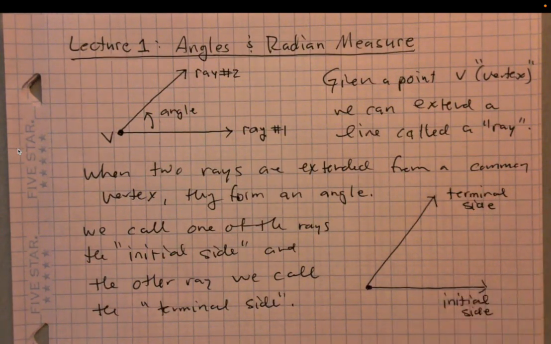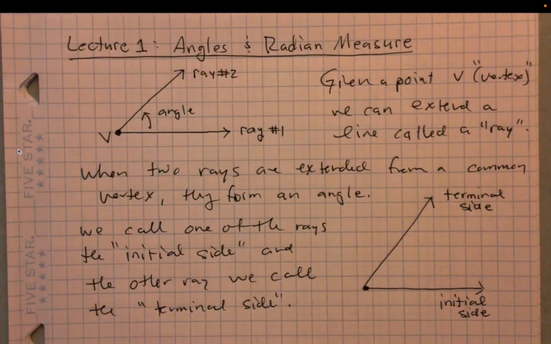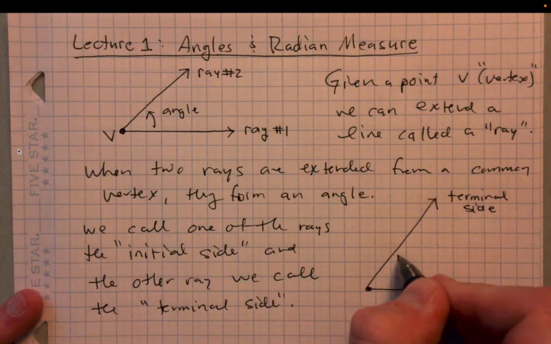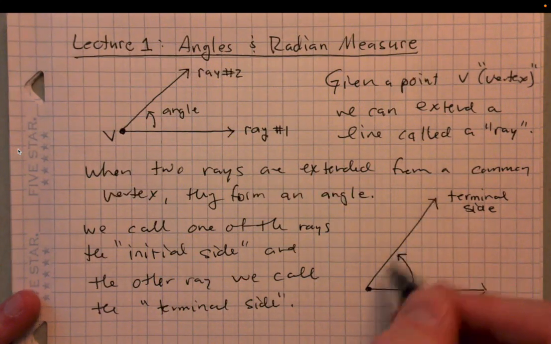It does matter which one you call which, because the orientation of the angle is from the initial side to the terminal side. The angle moves from the initial side to the terminal side.